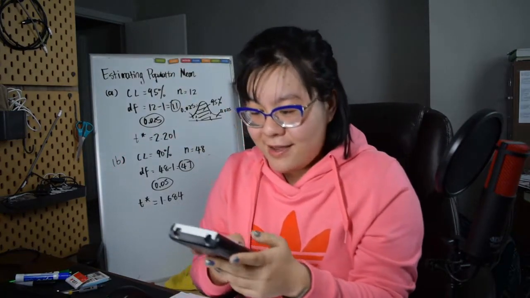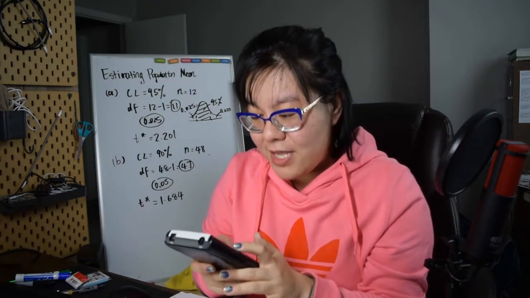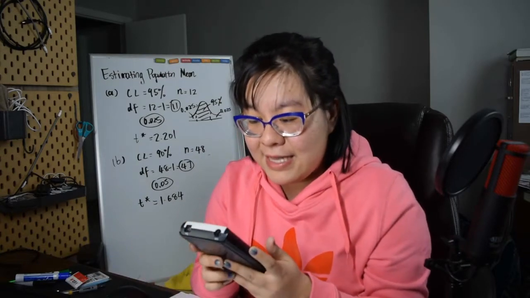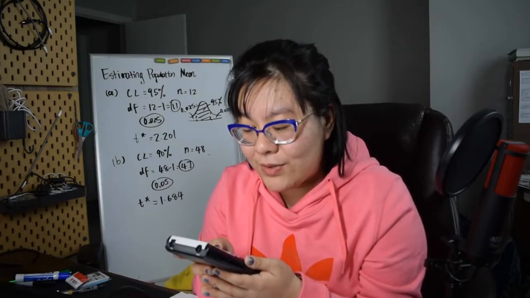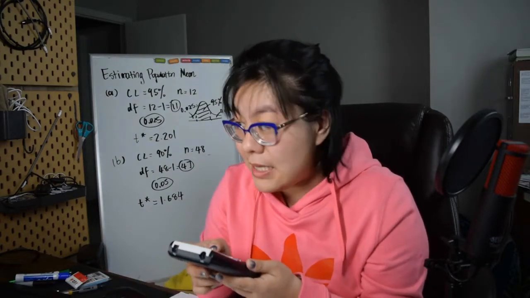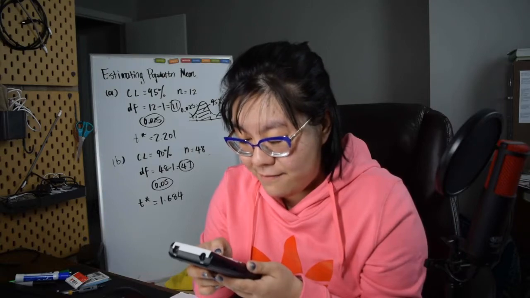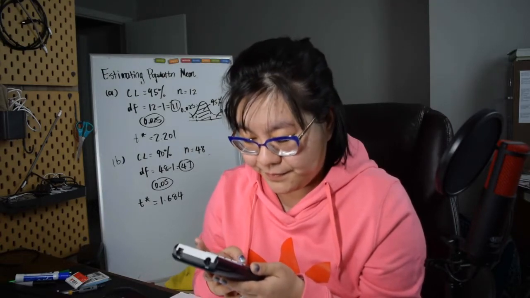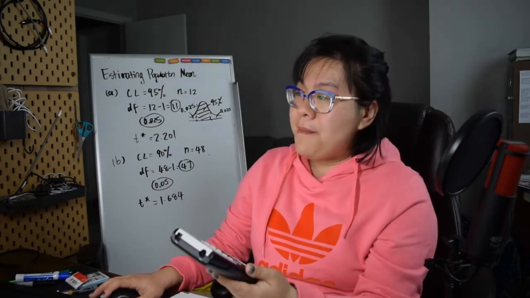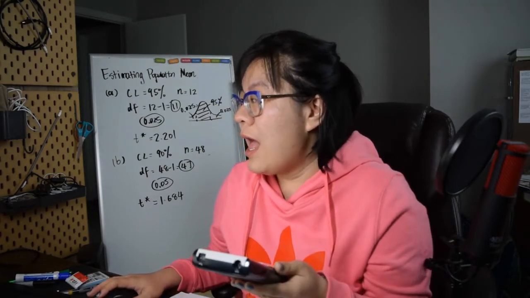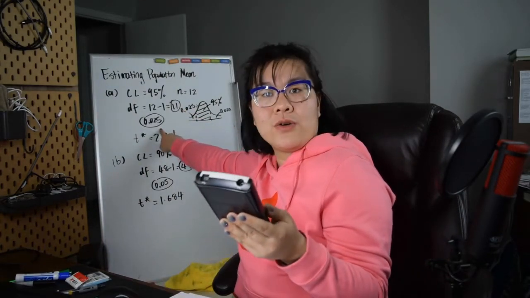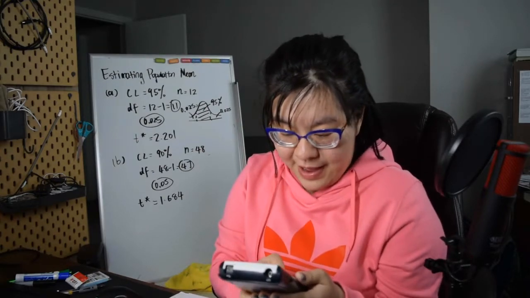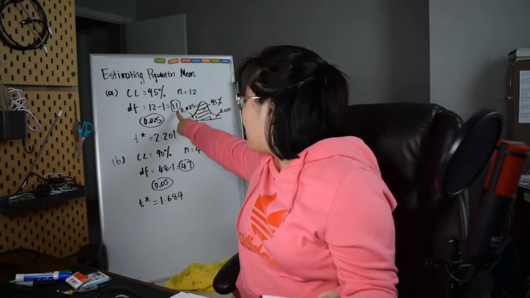All right, 2nd VARS, you pull up a screen and they have DISTR, and you just go to the distribution menu and go down to invT. Then the first number you input is your area, which is the 0.025 we found. The second number you put is your degree of freedom, which is 11.